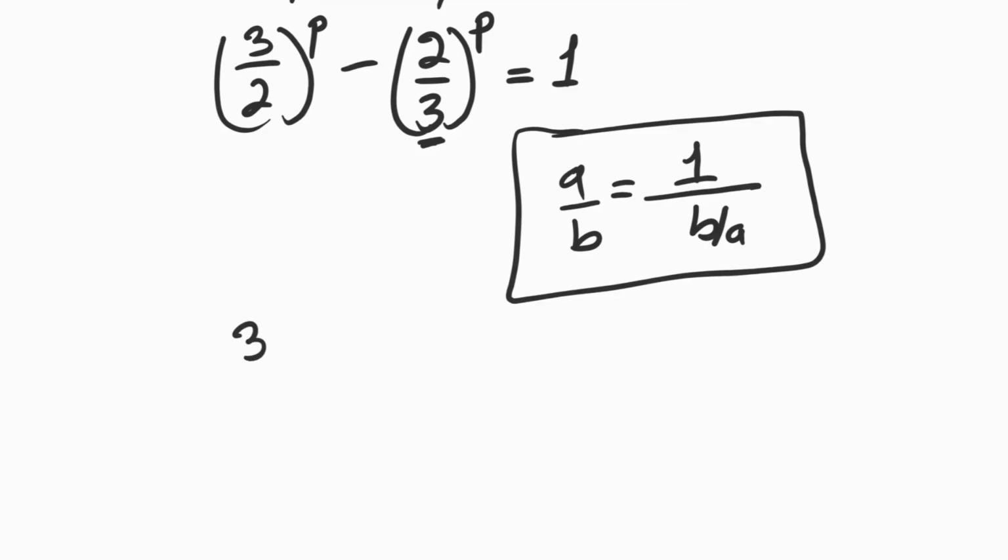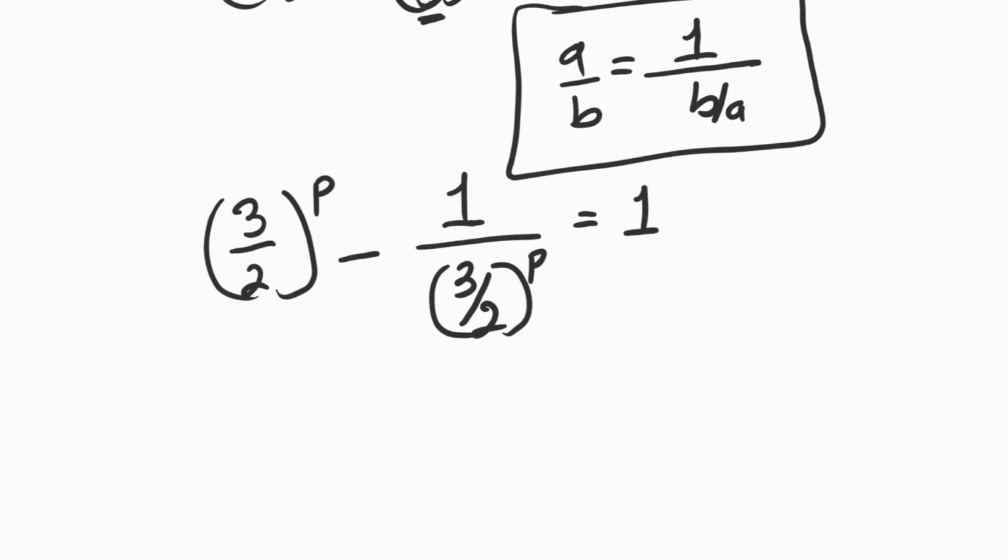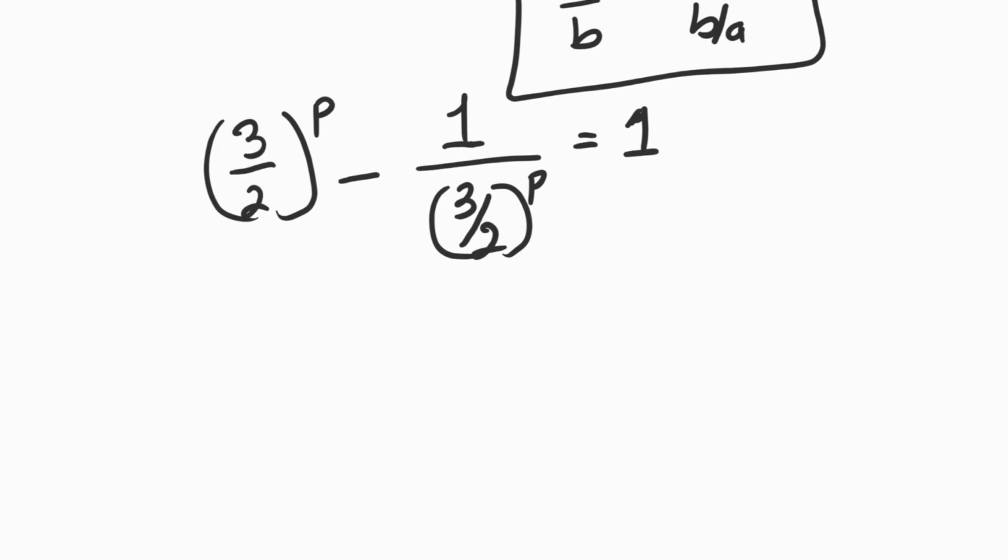So now it becomes 3 over 2 raised to the power p minus 1 divided by 3 divided by 2 to the power p equals 1. Because we're trying to make everything look the same. And if you can notice, we're gradually trying to form a quadratic equation.